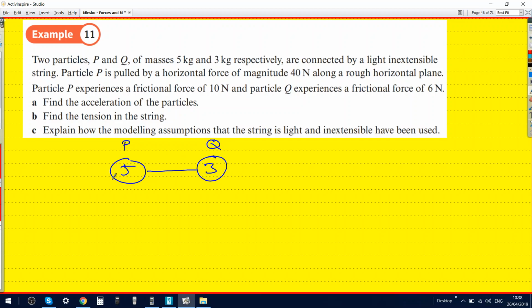So P is pulled by a force of 40 along a rough horizontal plane.